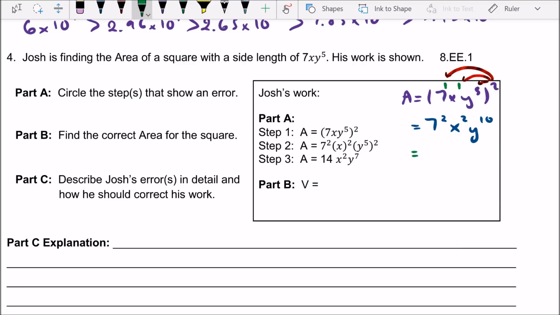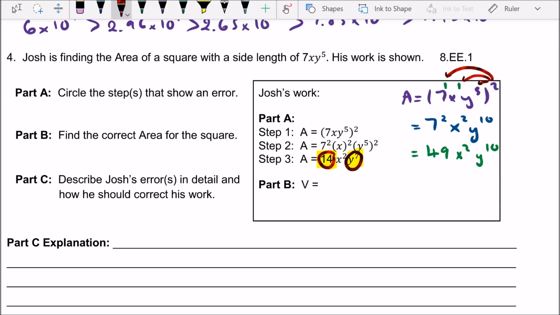After that, we solve for 7 to the 2nd power, which is 49, x squared, y to the 10. Now we look back. I have y to the 10, and Josh has y to the 7. That is wrong. And the second thing is 7 squared is 49, not 14. So that is 2 mistakes from Josh.